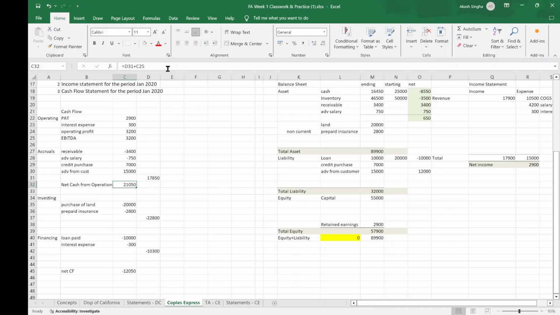Effect of accruals: 15,000, 7,000, okay, 22,000.